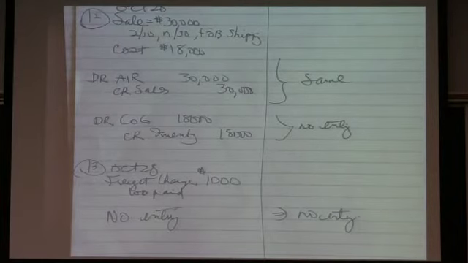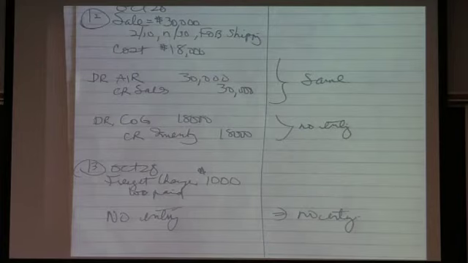So there's a couple of learning objectives here. As we can see from all of these transactions, under the periodic inventory system, we do not record the cost of goods sold at each sale date. We only record the cost of goods sold at the end of the accounting period when we physically count the inventory.